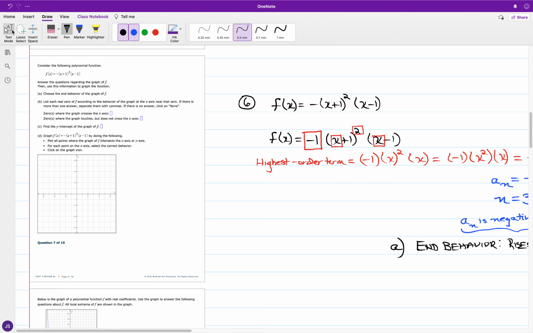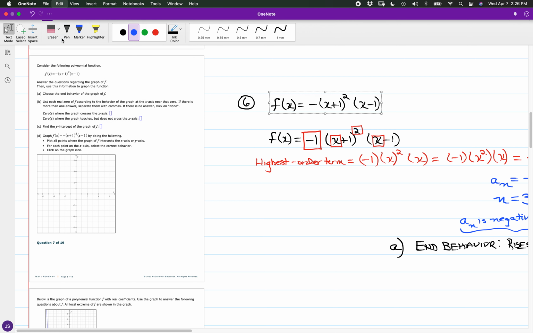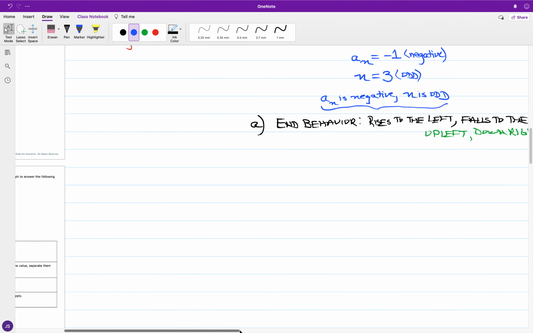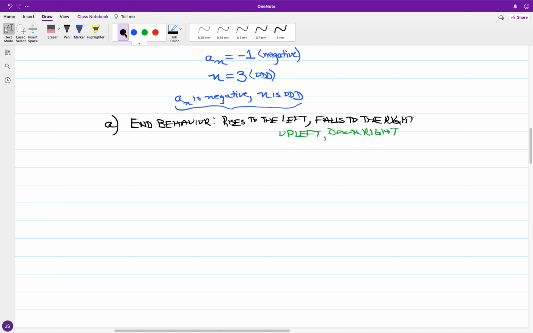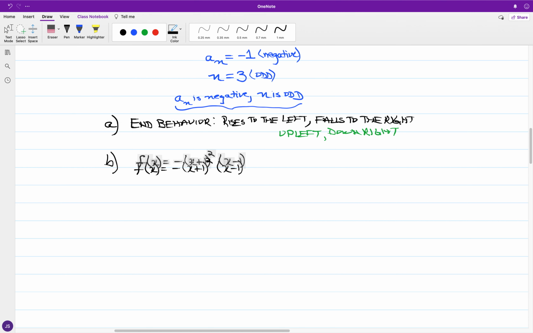Once again, we have our function, and I'm going to stress the degrees here. f of x equals the negative of the square of x plus 1, times the quantity x minus 1, which is to the first power.